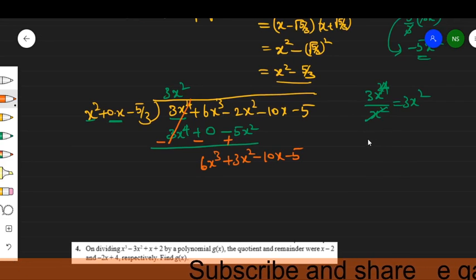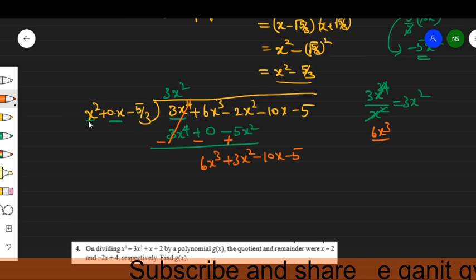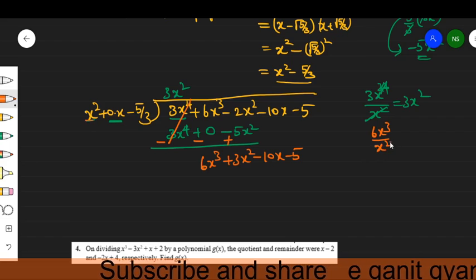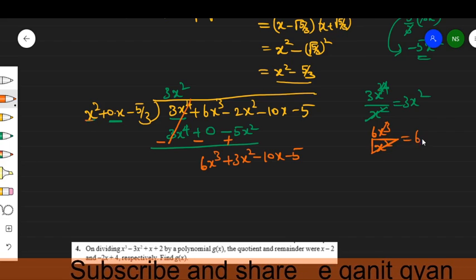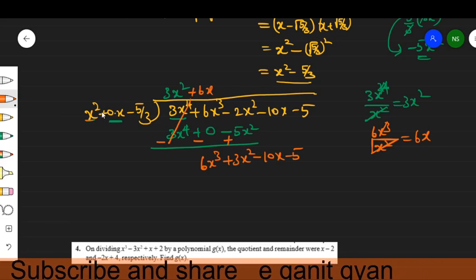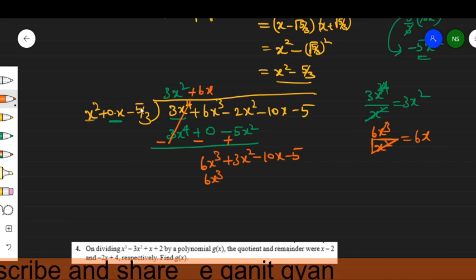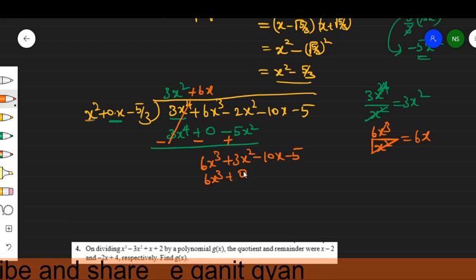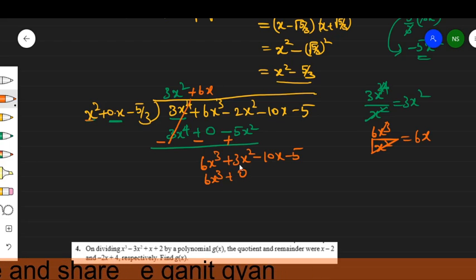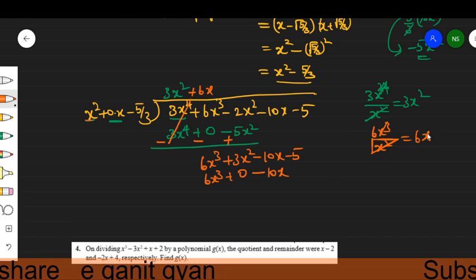Then 6x³ I will divide with x². I will get 6x, write that 6x here. 6x into x² is 6x³. 6x into 0 is 0. 6x into −5/3 is −10x. How will we get that one?